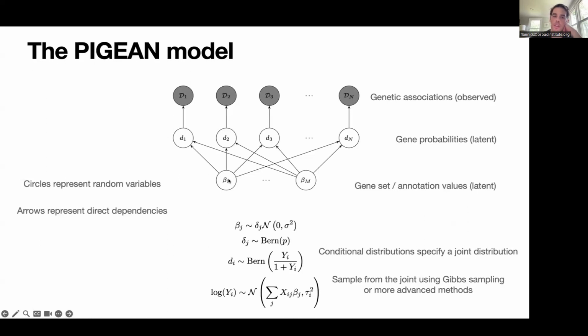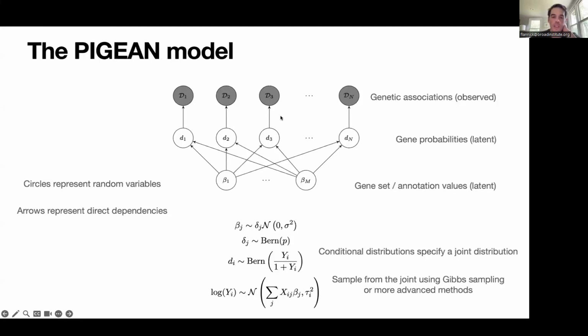So think about this as a feed-forward model where we have some annotations. They increase or decrease the probability the gene is involved in disease. That then gives a probability for each gene, and then the gene probabilities further inform the genetic associations we observe. That's why these arrows are going in this direction. You specify the model in this feed-forward way because that's easier to model.